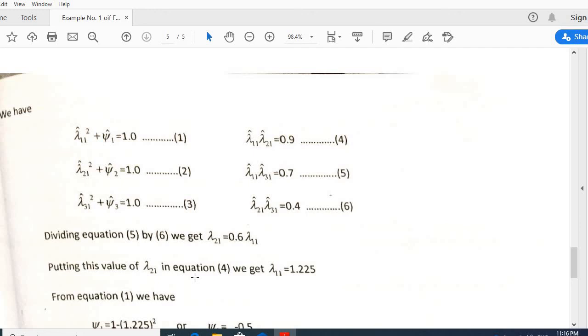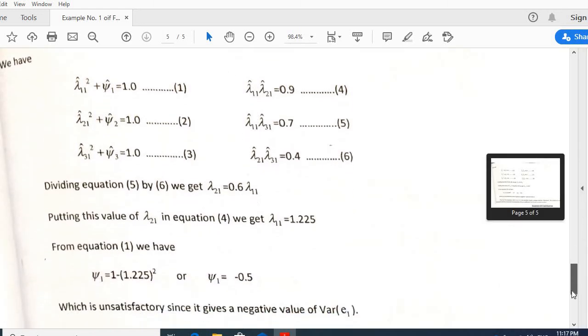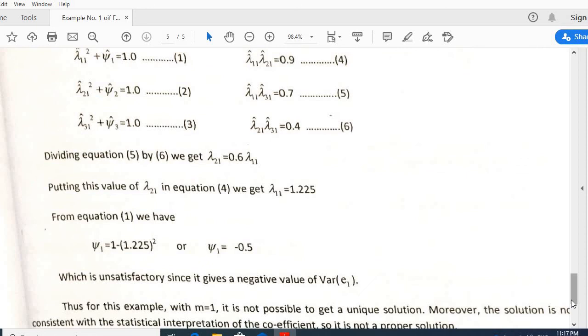Dividing equation number 5 by 6, we got lambda 2 1 is equal to 0.61 lambda 1. Putting the value of this lambda 2 1 in equation number 4, we get lambda 1 1 is equal to 1.221. From equation number 1, we have psi 1 is equal to minus 0.5.